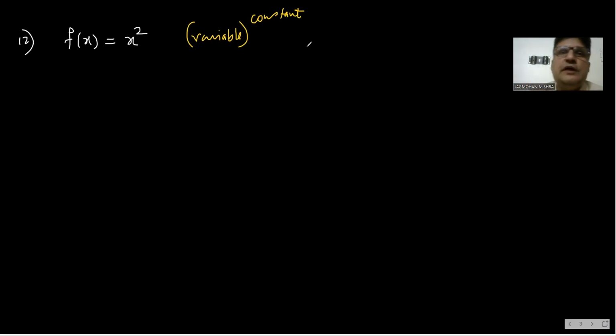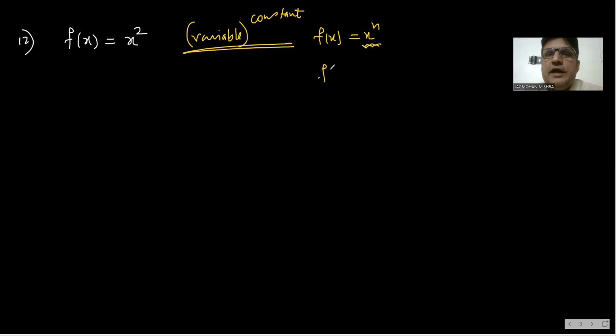Yes. That function was f of x raised to n. Variable raised to constant, this function we have differentiated. What was its derivative? F dash x was n into x raised to n minus 1. So can I use this result here?